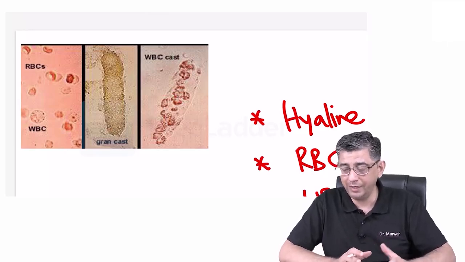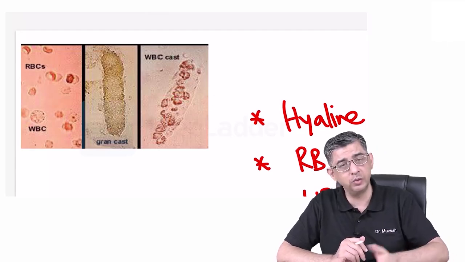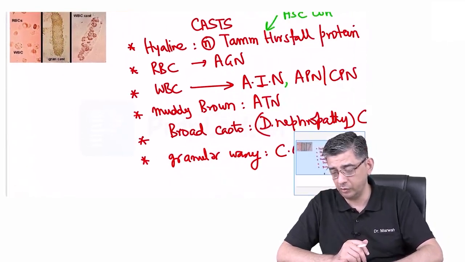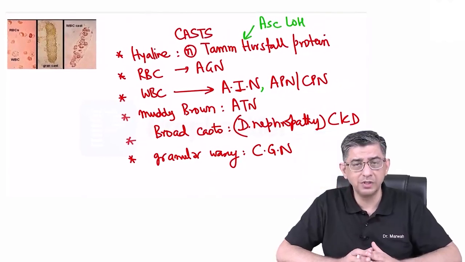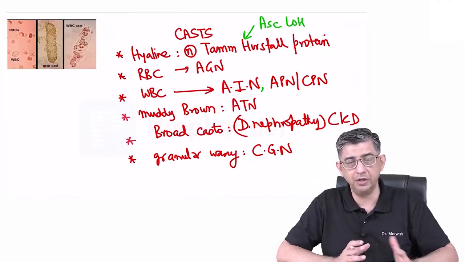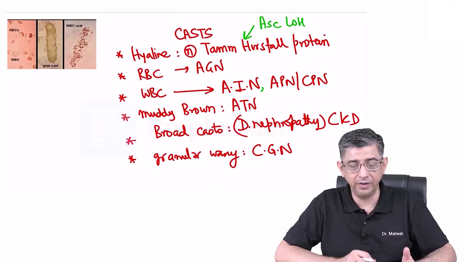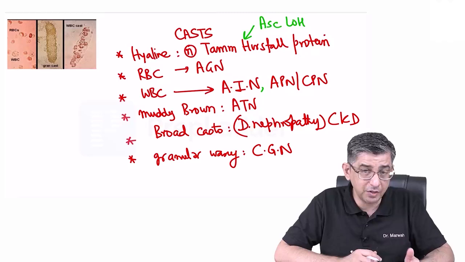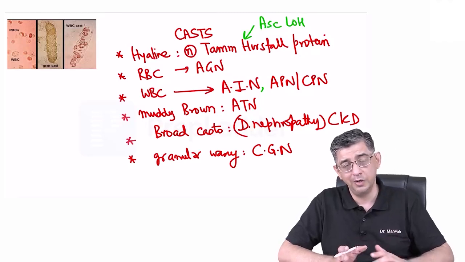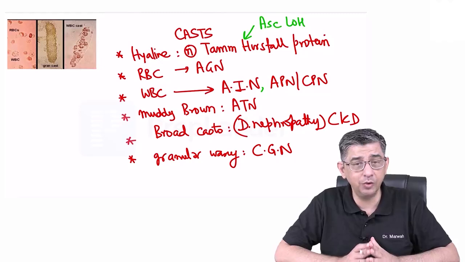So they do not have any diagnostic yield. Diagnostic yield is only for a couple of aspects which I've already highlighted in this part of the slide before you. So this was a fairly straightforward discussion with respect to urine analysis. Yes, dipsticks are good, that's what I started with, but they can have some fallacies with respect to proteinuria. Those are a couple of aspects I would like you to remember.